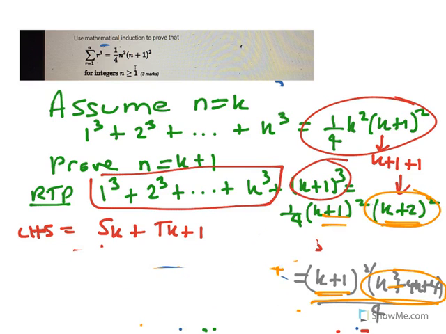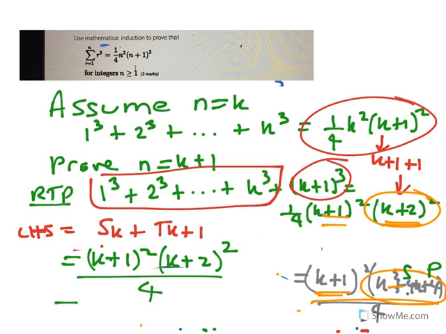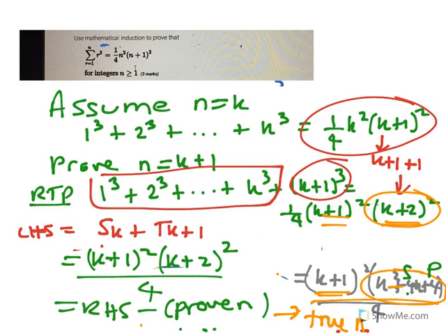So that will equal k plus 1 squared, and then factorise this: product equals 4, sum is 4, so it'll be k plus 2 squared, and that's over 4, which equals the right-hand side. Proven. And therefore, by the process of mathematical induction, it's true for all integer values of n greater than or equal to 1.